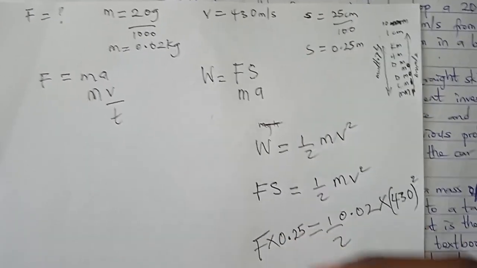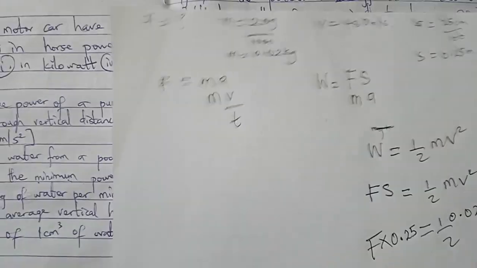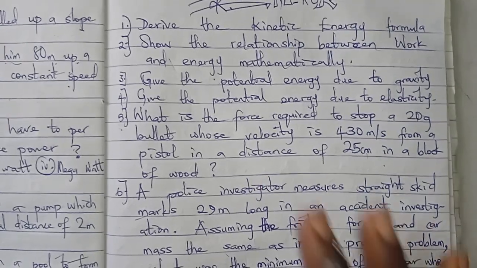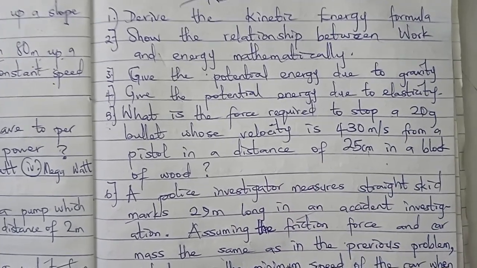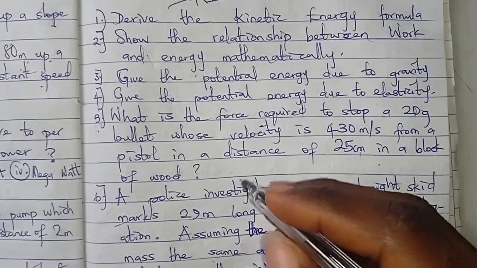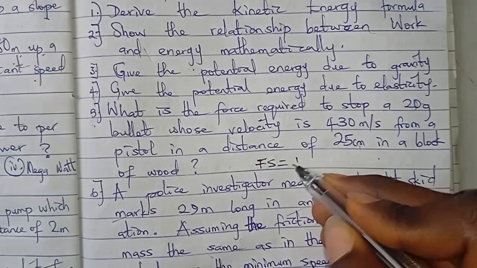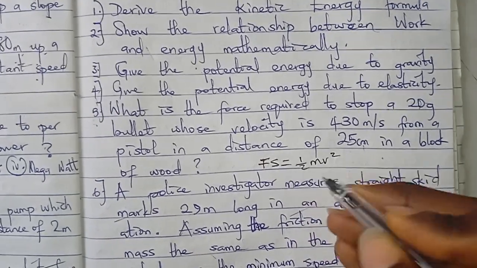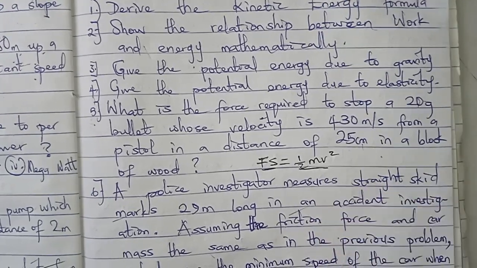Then force, we don't know it. So this is the formula we can use. Any question like this, look at it again. What we are going to use is this formula, Fs equals to half mv square. That is work equals to kinetic energy.